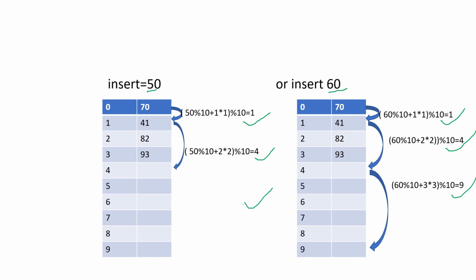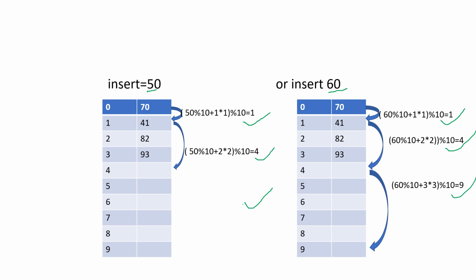This was the problem with quadratic probing. If two elements get the same starting index, their probe sequence is the same, and because of that the average case and worst case time complexity increase.